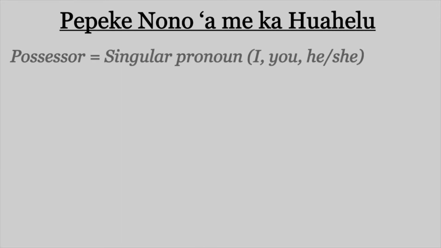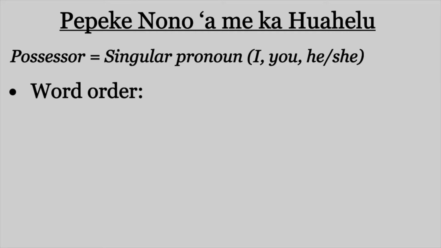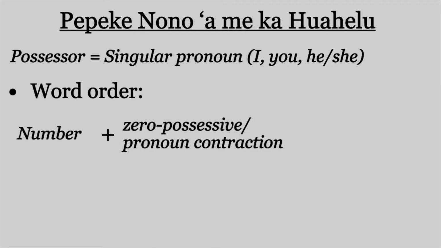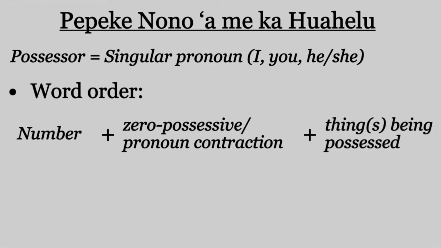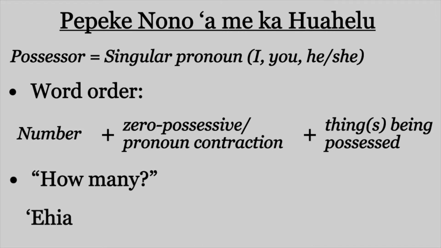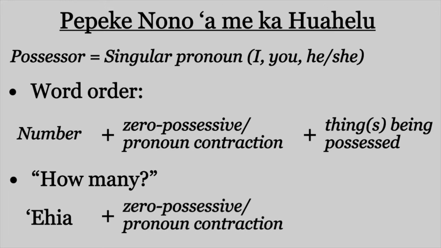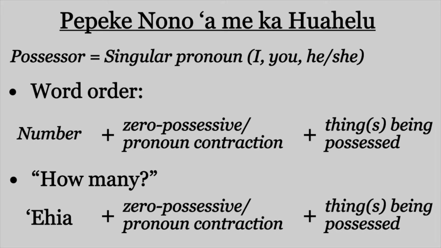And if the possessor is a singular pronoun, I, you singular, or he or she, the word order is number, then your zero possessive pronoun contraction, and finally the thing being possessed. And to ask how many, it's ehia, then your zero possessive pronoun contraction, and your thing being possessed.